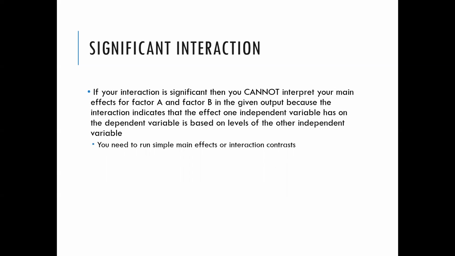If our interaction is significant, then we cannot interpret our main effects for factor A and factor B in the given output, because the interaction indicates that the effect one independent variable has on the dependent variable is based on levels of the other independent variable. So when we find that we have a significant interaction, then we need to run simple main effects models. A simple main effects model just means that we have a model without our interaction term, or we need to run the appropriate interaction contrasts to then get the appropriate main effects values, taking into account that interaction.